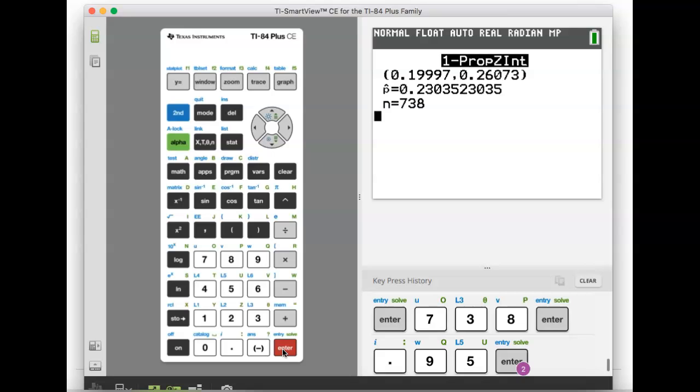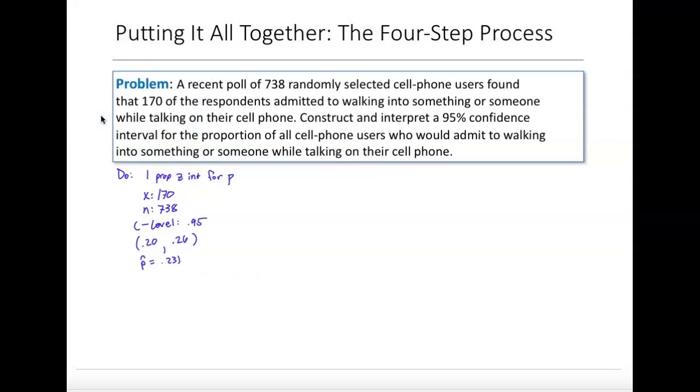I'm just going to call that 0.20 to 0.26. I'm also going to write down what the actual p hat is, 0.231. All right. That's it. So now we have our confidence interval.